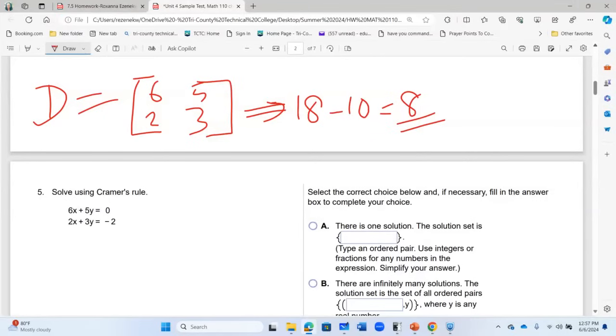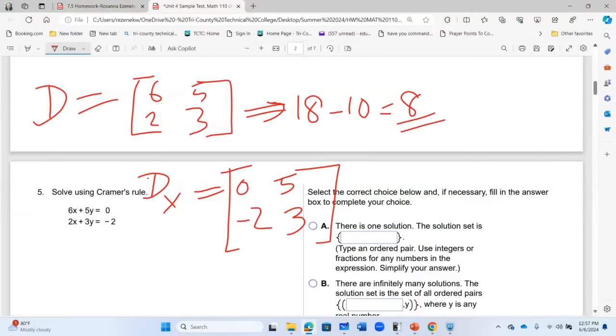Now the next thing is to find the determinant of x, Dx. I will form that determinant by omitting x. Wherever I see x, I will put the constants, 0, negative 2. So on the column for x, I put constants, and then I put in the coefficients of y.